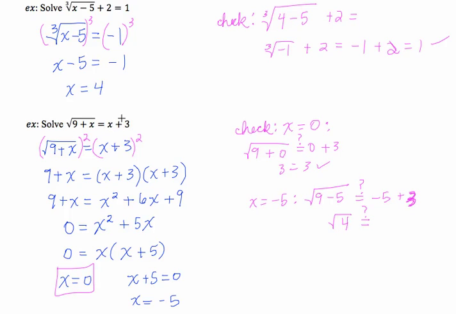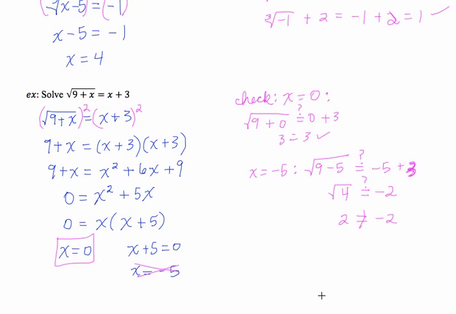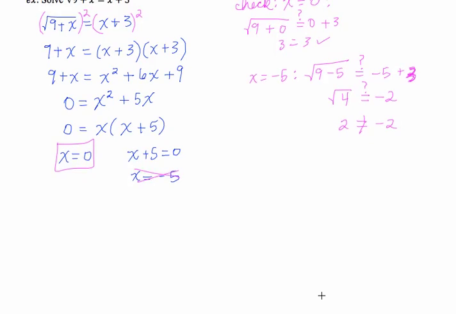So does the square root of 4 equal, see, -5 plus 3 is -2. Square root of 4 is defined only to be, remember, the positive of that radical. So it's 2. And 2 does not equal -2. So that one is actually not a solution. So in this case, we did actually introduce an extraneous solution when we squared both sides. So the only answer here is x equals 0.